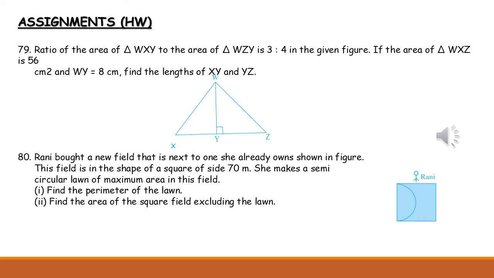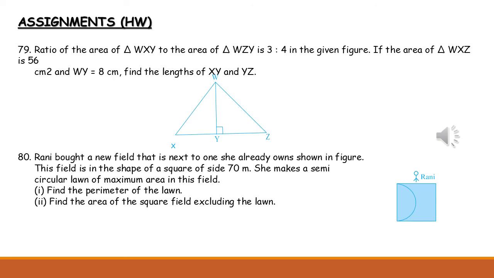The second part, they are asking from us, find the area of the square field excluding the lawn. First we will be finding the area of the square, that is side into side, 70 into 70 meter square. Then we will subtract the area of the semicircle from it. How will you find the area of the semicircle?